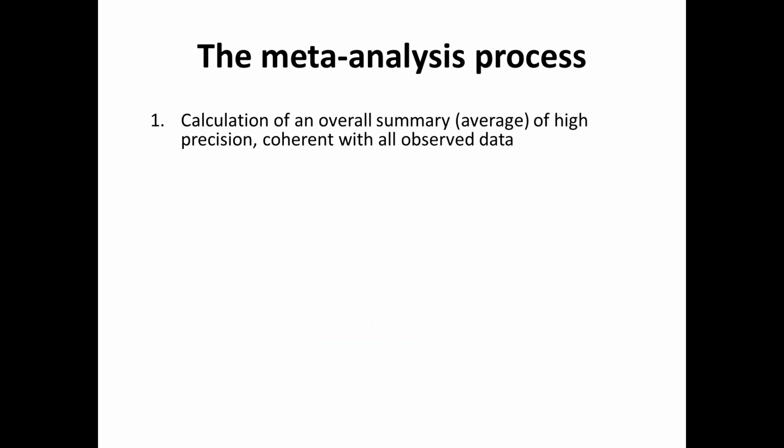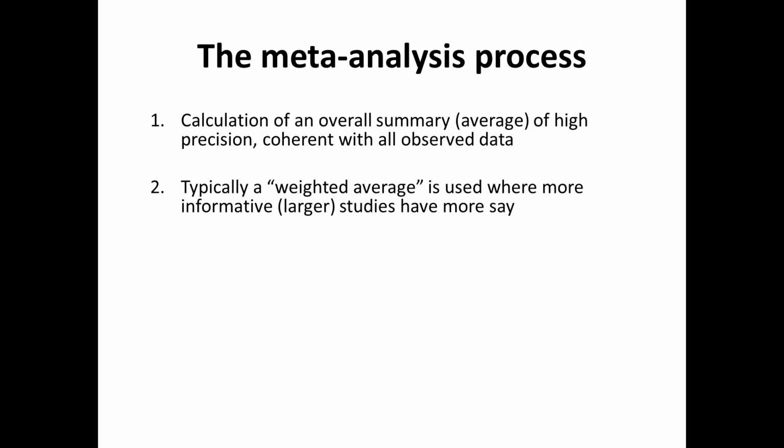Okay, so what we're trying to do when we do meta-analysis of test accuracy is similar to what you do with meta-analysis of interventions or with any other type of review. The general meta-analysis process is pretty much the same. We're interested in calculating an overall summary that will have high precision and will be coherent with all the data that we've included in the meta-analysis.